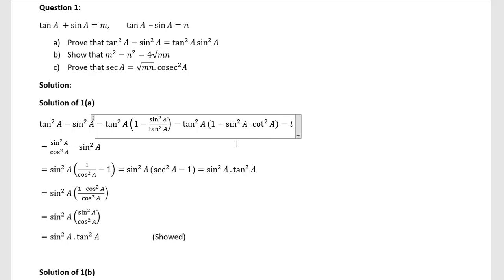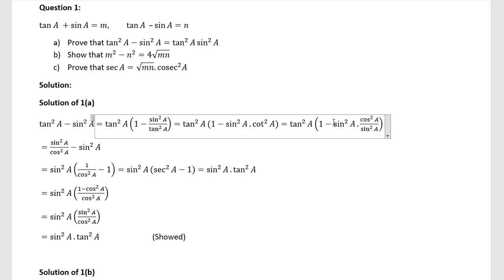Now you can write this tan square A into 1 minus sin square A into cos square A by sin square A. You can write it like this.